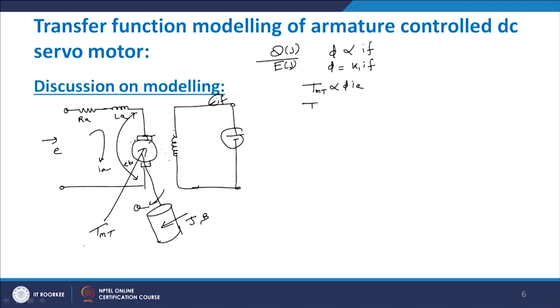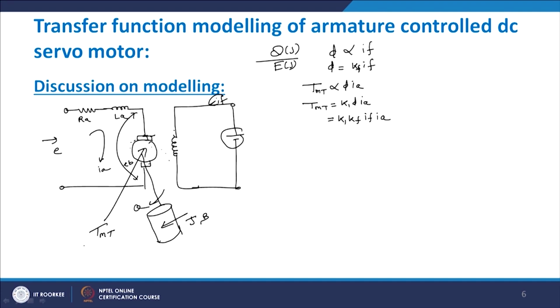So we can write motor torque equal to K1 times flux into armature current. Now this flux we already determined, so we can replace the flux with its equation here. So we will get K1, Kf If into Ia.